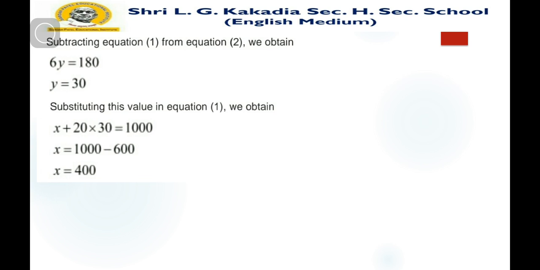Then we get x is equal to 400. Means the fixed charge is 400 and the per day charge is 30 rupees. Hence the fixed charge is rupees 400 and the charge per day is rupees 30.